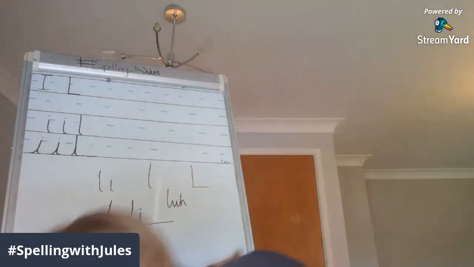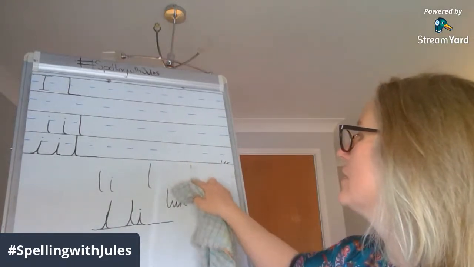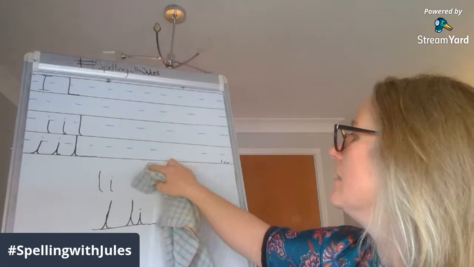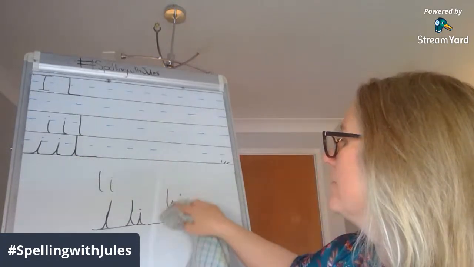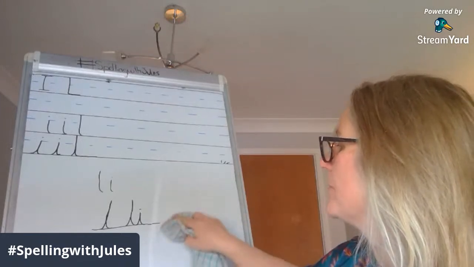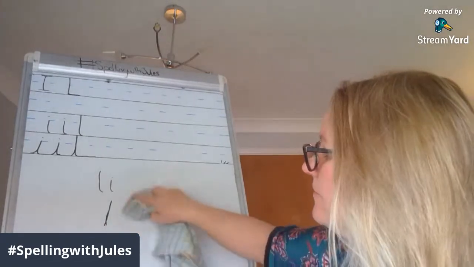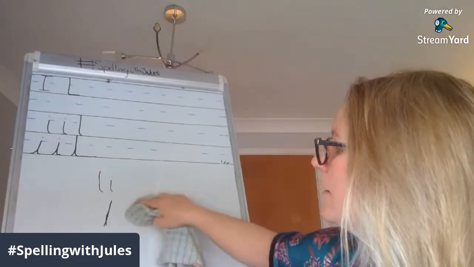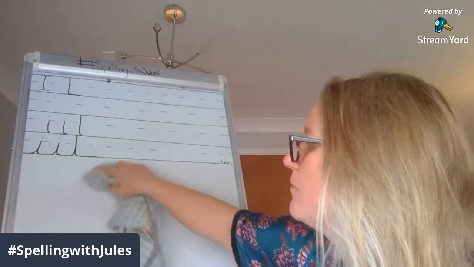Okay, so can you all practice doing your L's? If you're doing them joined up, start on the line. If you're going to add a join, do that. If you're doing them print, you can go from the top down. It's up to you which way you want to do it. I'm just rubbing out my writing. And remember, I don't mind it being messy to begin with.